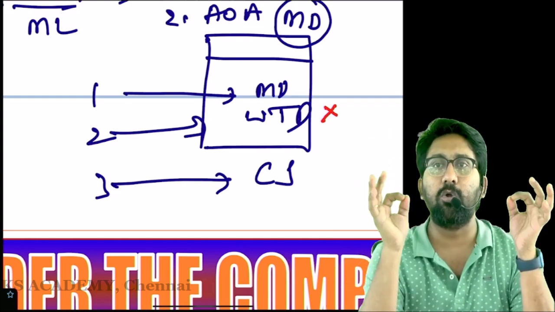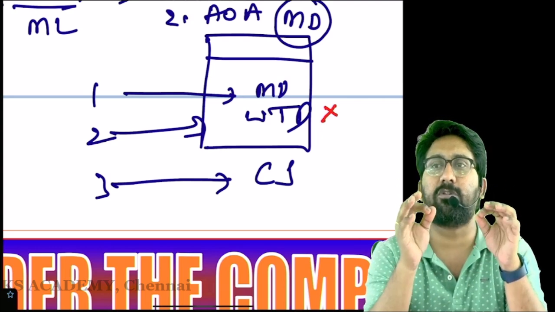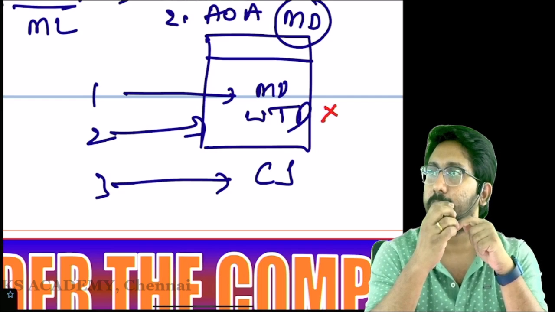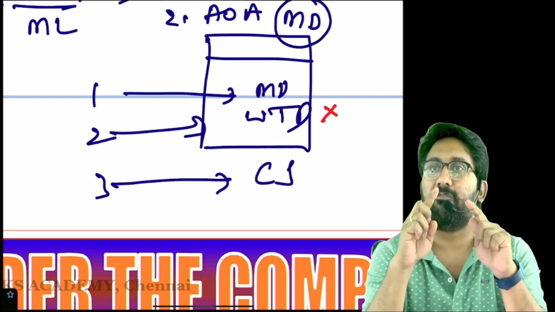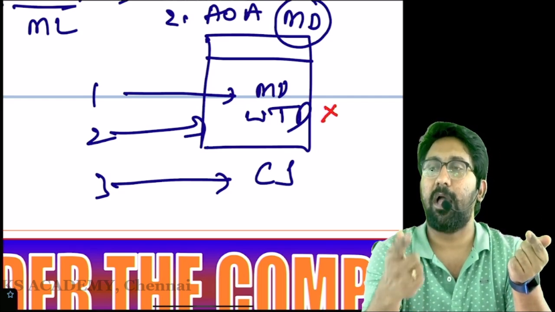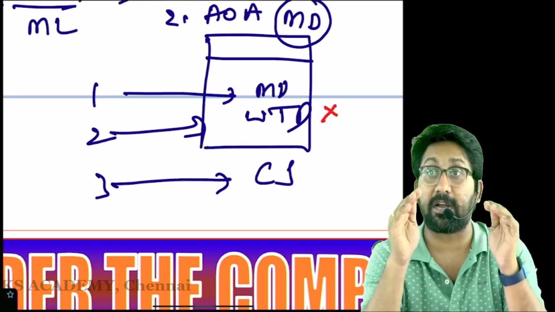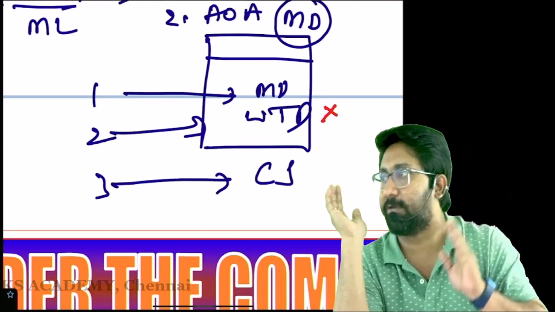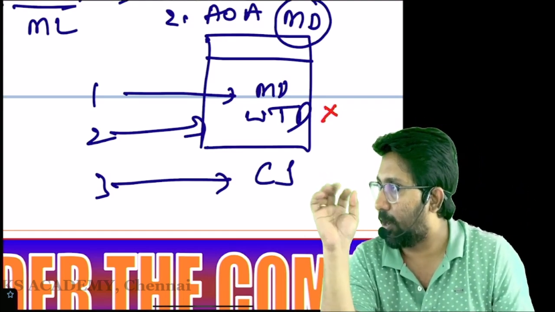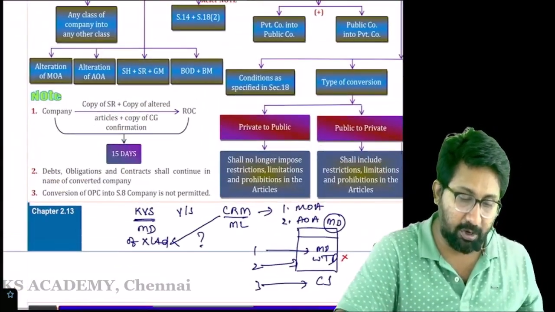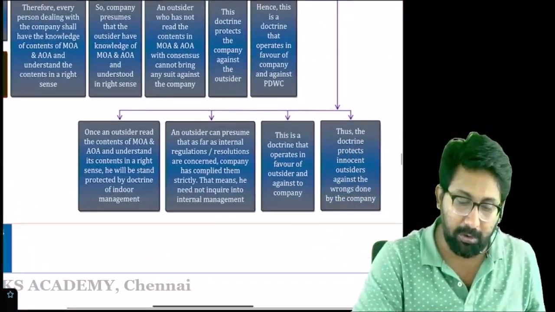Now tell me, the conclusion is very clear. Constructive notice is a doctrine which protects whom from whom? In favor of? Against? Very good. With this we completed constructive notice with the case law as well. This is the first exam. Understood everyone? Next, there is another connected topic called indoor management.